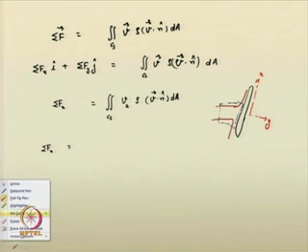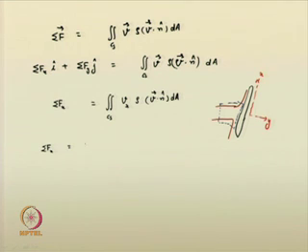So, sigma f x I can now write in the following terms. The magnitude of velocity here is v 0, the cross sectional area is a 0, here it is v 0 and cross sectional area is a 2. In this case it is v 0 and a 1. So, sigma f x is nothing but equal to rho times v 0 into v 0 into a 1, that is the control surface at this particular location.